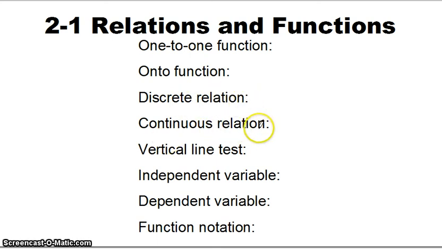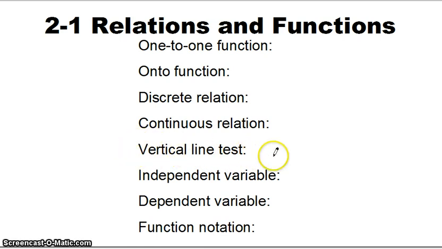Continuous relation would be all those other graphs that you had as you were checking to see if the vertical line test showed you that the lines or the parabolas were functions. So those are a smooth curve, a smooth line that is continuously touching point to point. That's a continuous relation. And we'll go into that and see some more graphs.